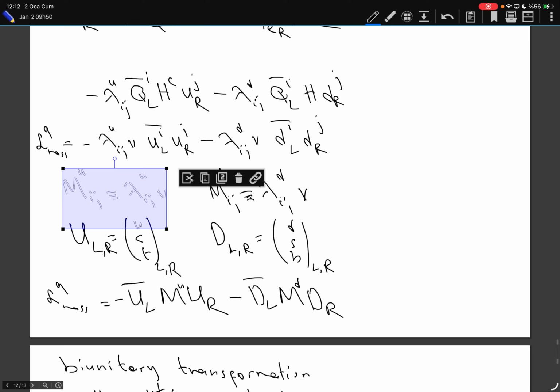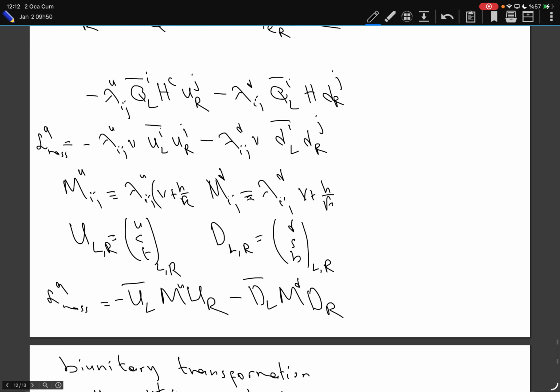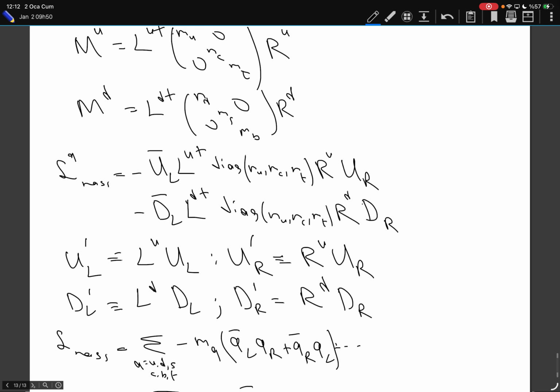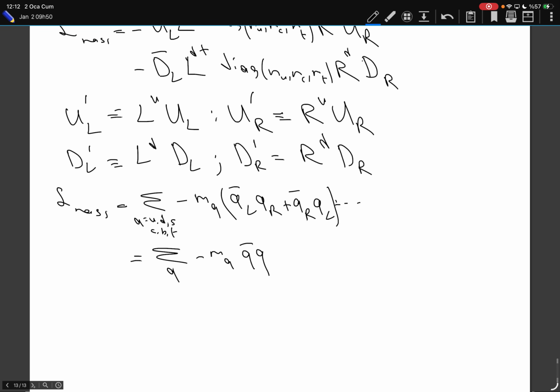Now, note that mass matrices are proportional to v. If I were to calculate also the interaction with the Higgs field, remember v always appears with v plus h over square root of 2. So all these interactions will be multiplied by 1 plus h over v, square root of 2.